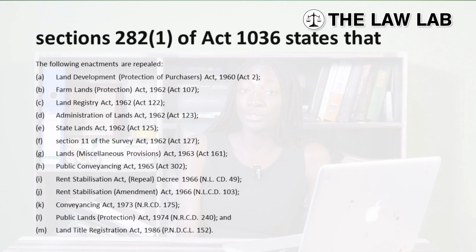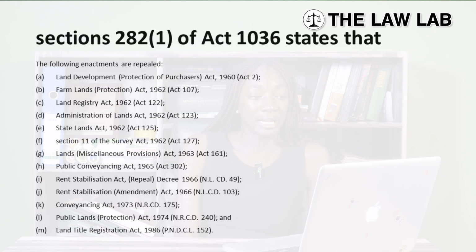With the passage of the new Land Act 2020, Act 1036, Section 282 of the Act repealed certain acts of Parliament and stated that these acts were no more applicable in the country. Examples of such enactments as stated under Section 282 are the Land Development Protection of Purchases Act 1960, Act 2, the Farmlands Protection Act 1962, Act 107, the State Land Act 1962, the Land Registry Act 1962, Act 122, and a few others.